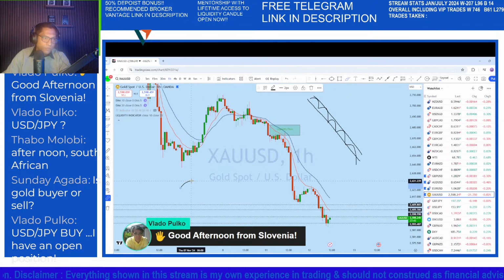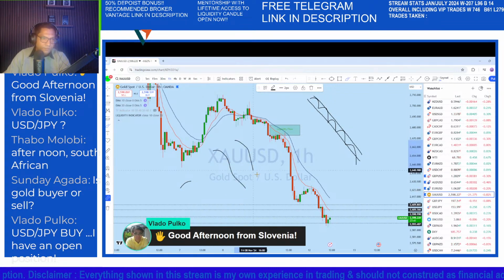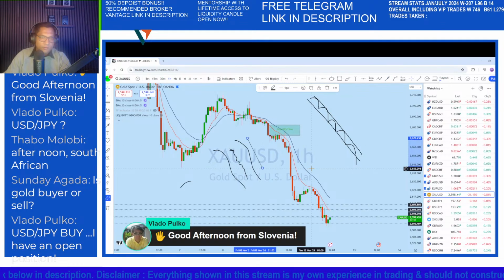Imagine that there is a river. I draw it like this. The flow of the river is in this direction, right? Now when the river flows in this direction, you are in this boat.